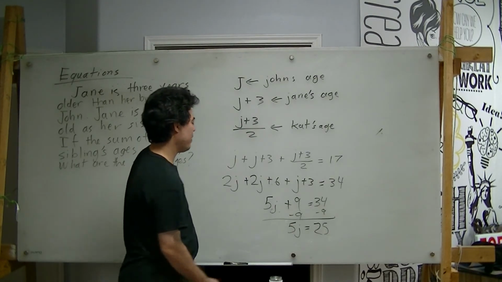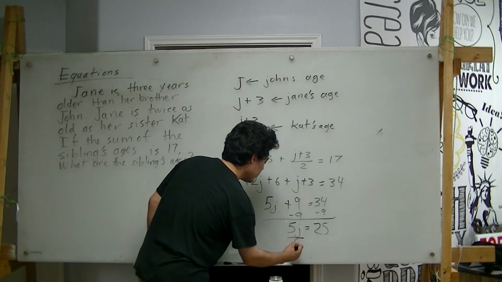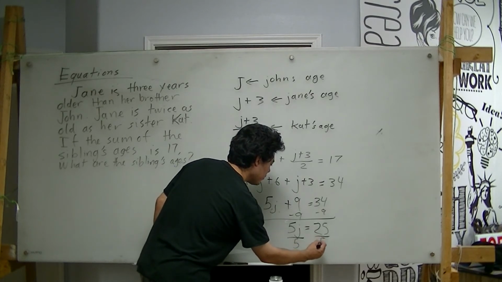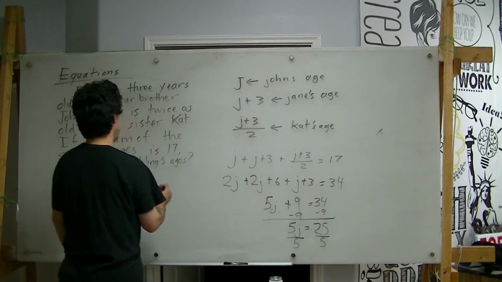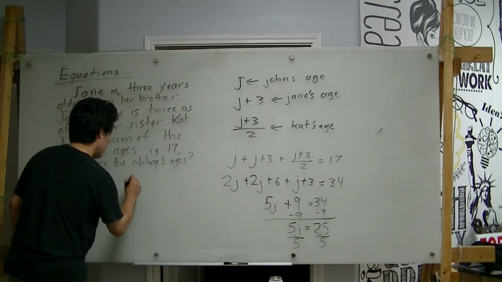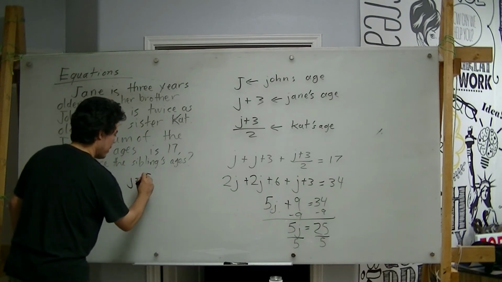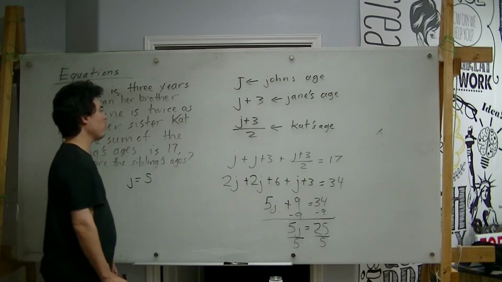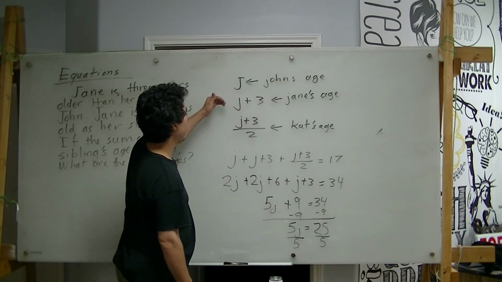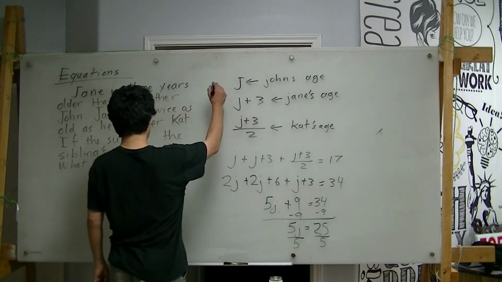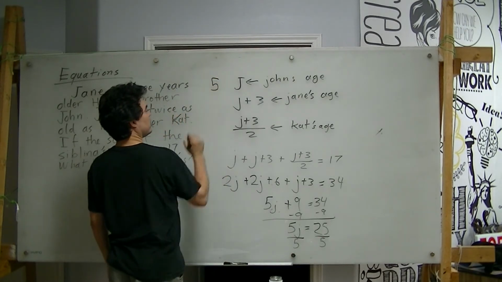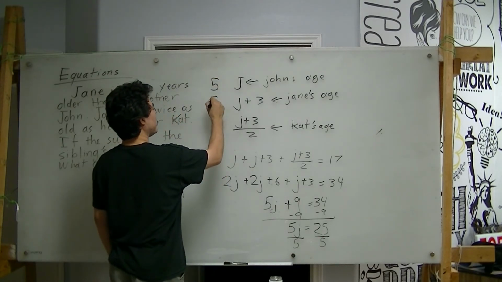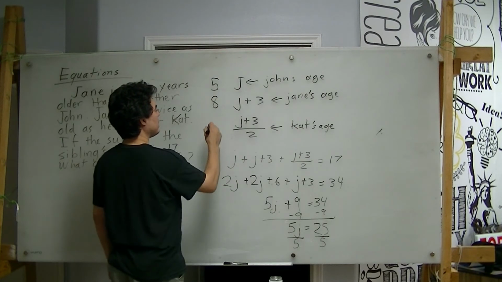And then we divide both sides by 5, and we see that J is equal to 5, because 25 divided by 5 is 5. So now we can populate these values. J has to be 5, which is John's age. Jane's age is 8, and Kat's age is 4.